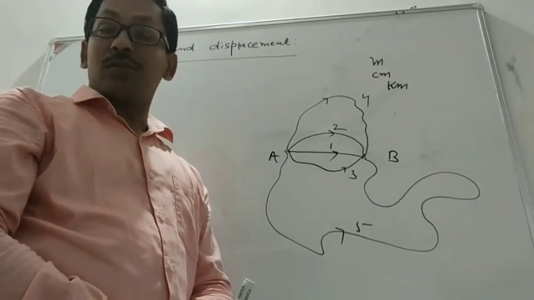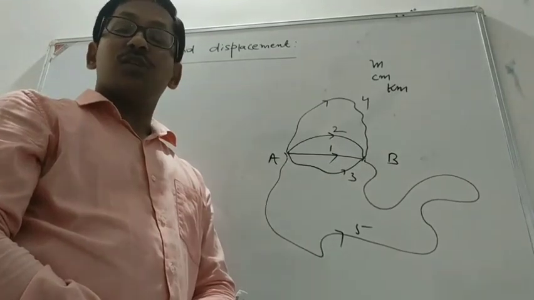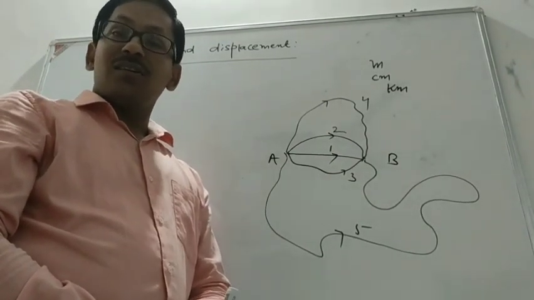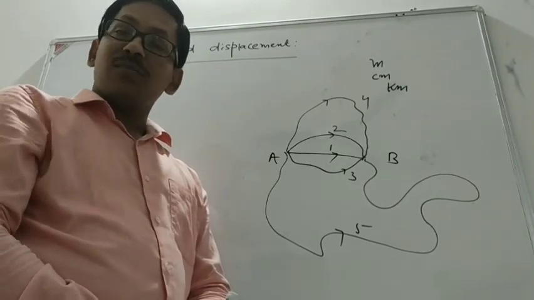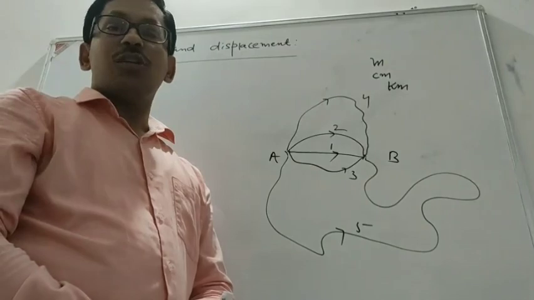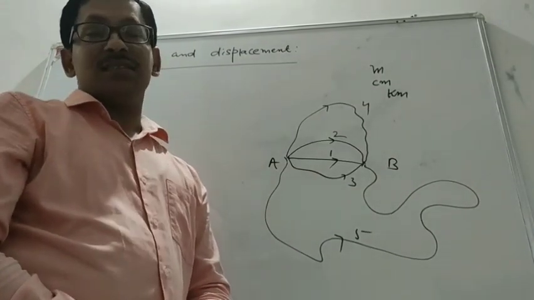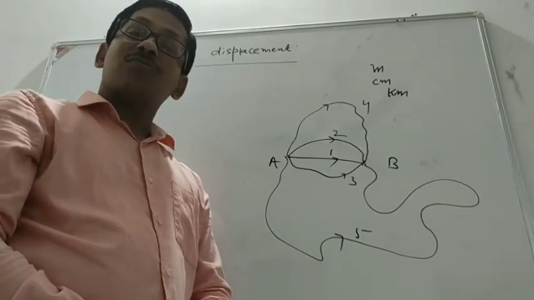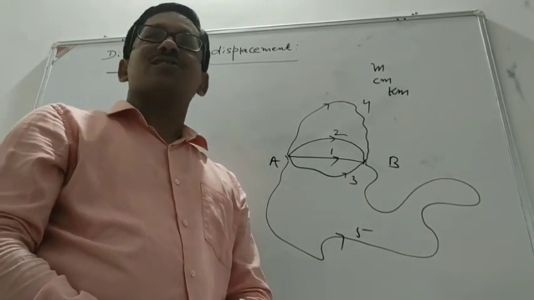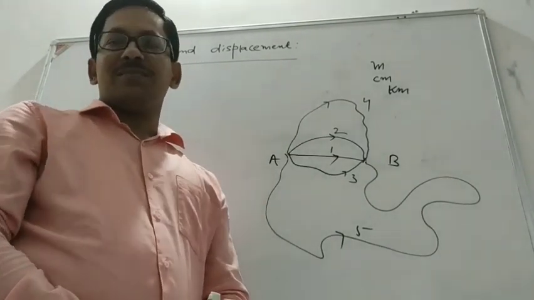So, you may also say the displacement is the shortest distance between initial and final position. Also, it is the distance covered by the body in a specific direction. This is your displacement. And in displacement, the direction is fixed. So, it is a vector quantity. It has magnitude as well as direction. So displacement is a vector quantity.